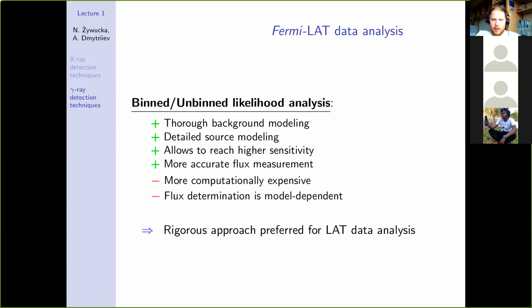So for unbinned likelihood analysis, there are different methods involved to work with the lower statistics in order to still have accurate results, acceptable for publication quality. So in likelihood analysis, you have thorough background modeling. How is this done?